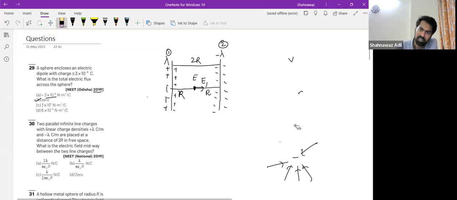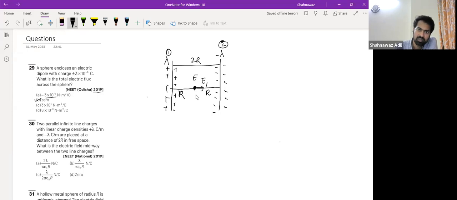Aisha, you tell me what would be the direction of the electric field due to this second linear wire, right or left, at this point? Your voice broke midway. Could you repeat?